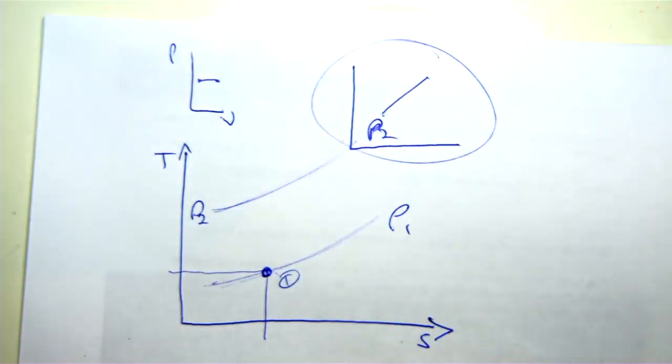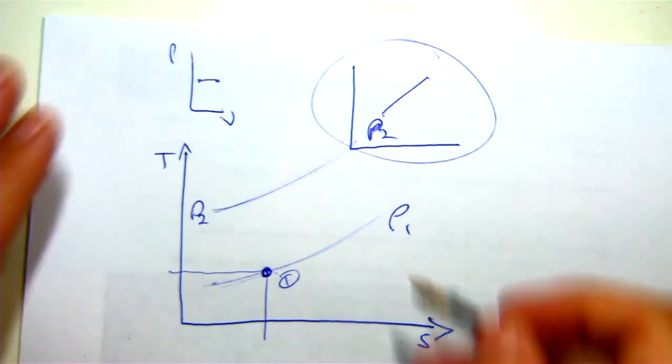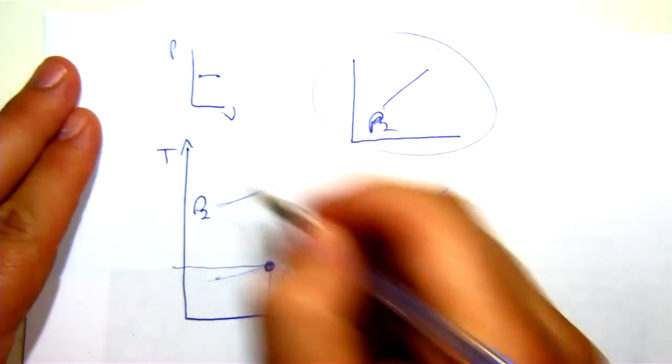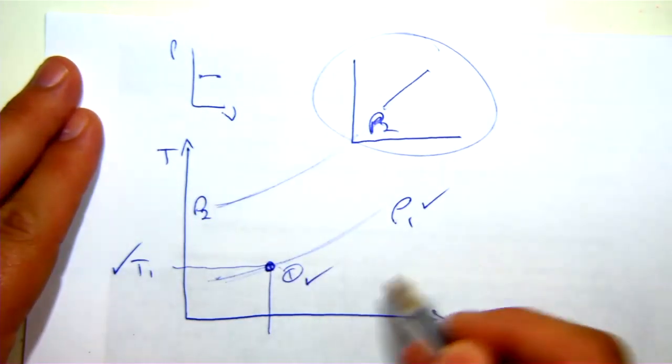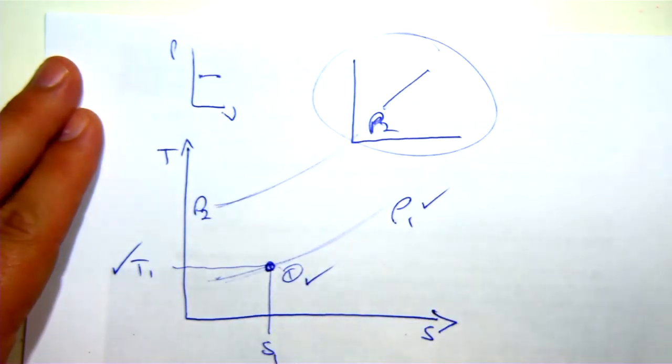What's more likely is I don't have a magic entropy meter, but I have a pressure gauge and a thermometer. My pressure gauge and thermometer define my state, and at that moment it defines my internal energy, my enthalpy, my specific volume, and my entropy. So by knowing this guy and this guy, I know this guy, which also means I know S1.